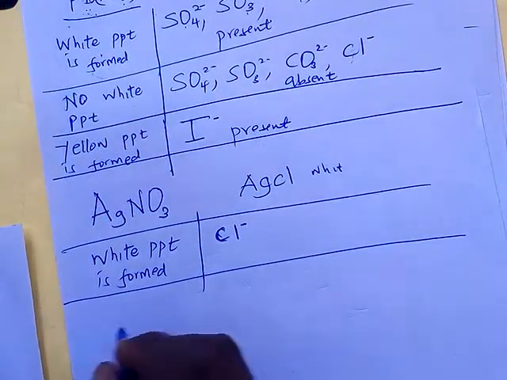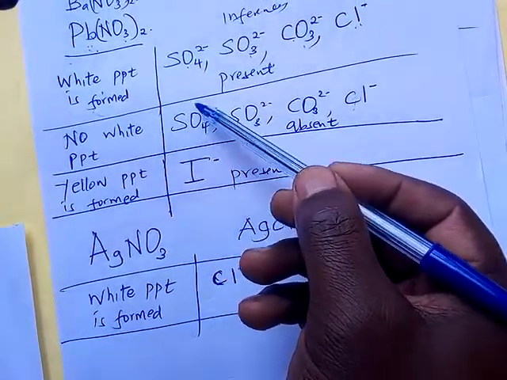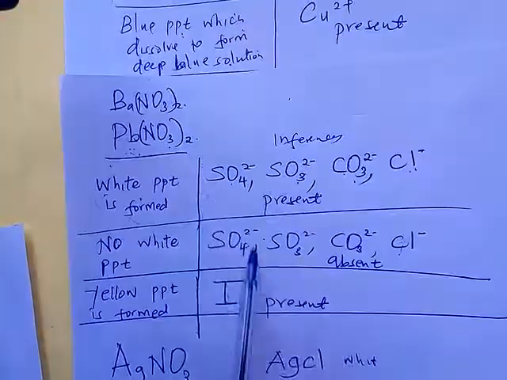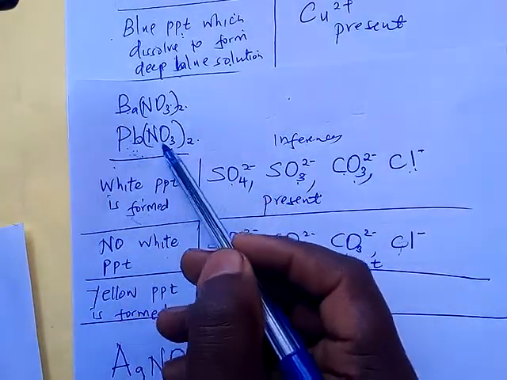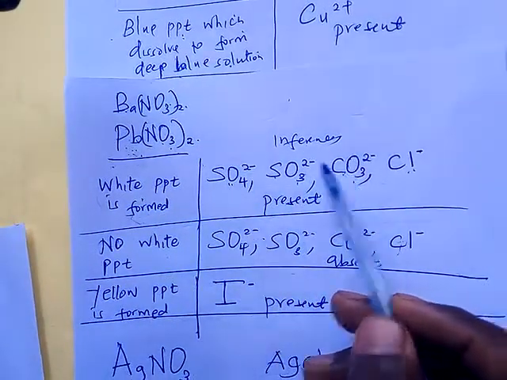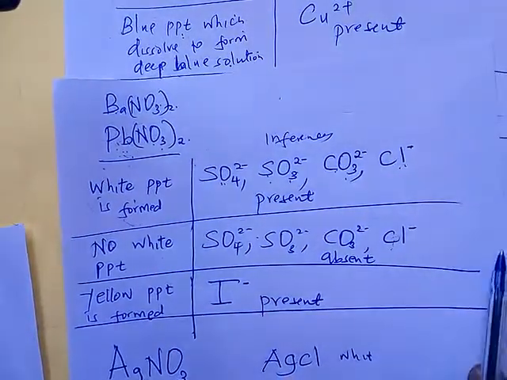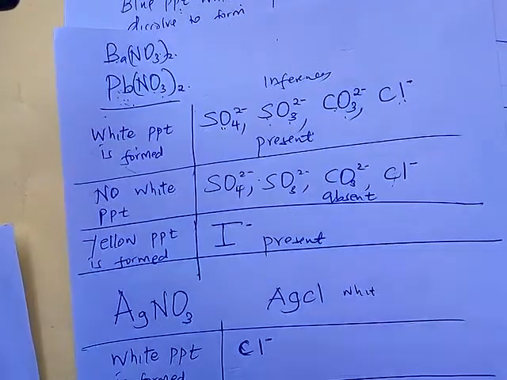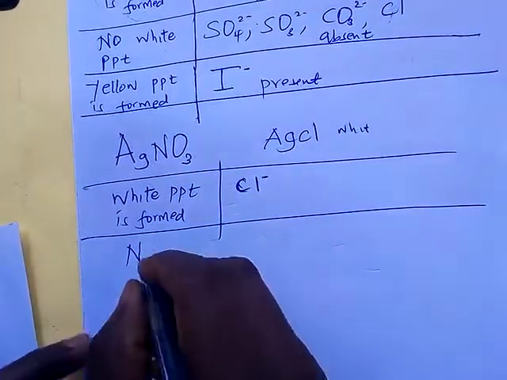Okay. What else? Sometimes, how can we differentiate between barium nitrate and lead nitrate? Because when we have this one, we have this, this, and this. When we have this, you can see also we have this. Sometimes, how do we use nitric acid? Now I'm coming to nitric acid.